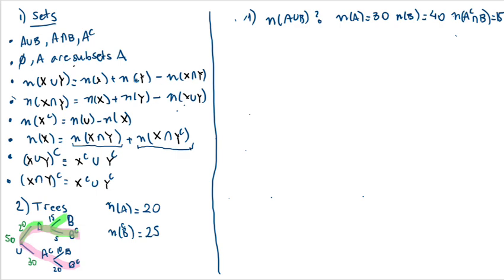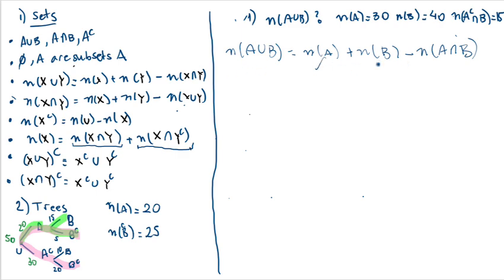I will pick the first one because this one gives me a union, and it gives me explicitly how to calculate a union. And it doesn't matter whether this is A union B or B union A. We know that this is commutative, okay? n of A plus n of B minus n of A inter B, okay? And it could be B inter A, it doesn't matter, it won't change, okay? They're commutative.